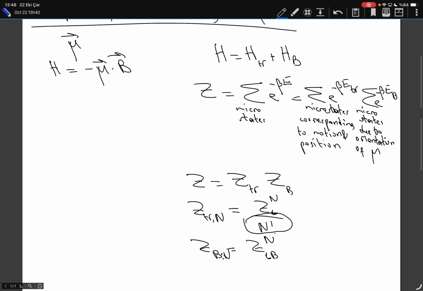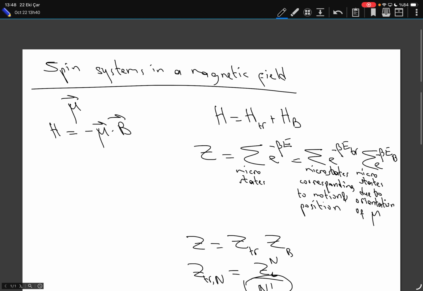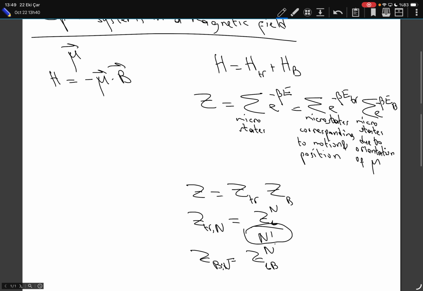That is one way of looking at it. Or another way of looking at it is, since we are looking at only the magnetic properties, I'm assuming that these magnetic dipole moments are pinned at their positions. So I can use their position to distinguish them. So they are distinguishable. If they are distinguishable, they won't have this Gibbs correction, just like the harmonic oscillator case. The harmonic oscillator also didn't have this N factorial term. Here we also don't have that N factorial.